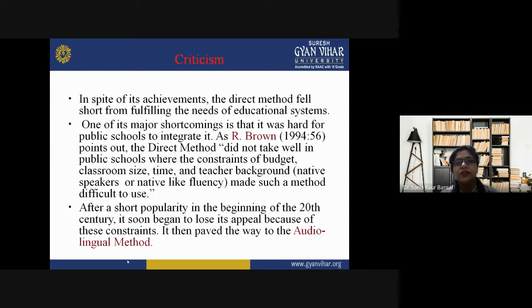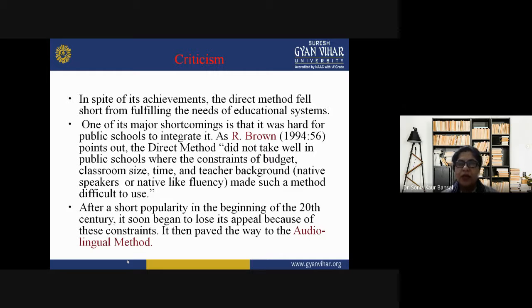The teacher is supposed to explain the meaning of the word in the target language only. And how is that possible? It is possible with the help of actions, devices, drawing something on the board, speaking that word in a simple sentence or simple words that students can understand, or any other synonym which is very popularly known by the students.